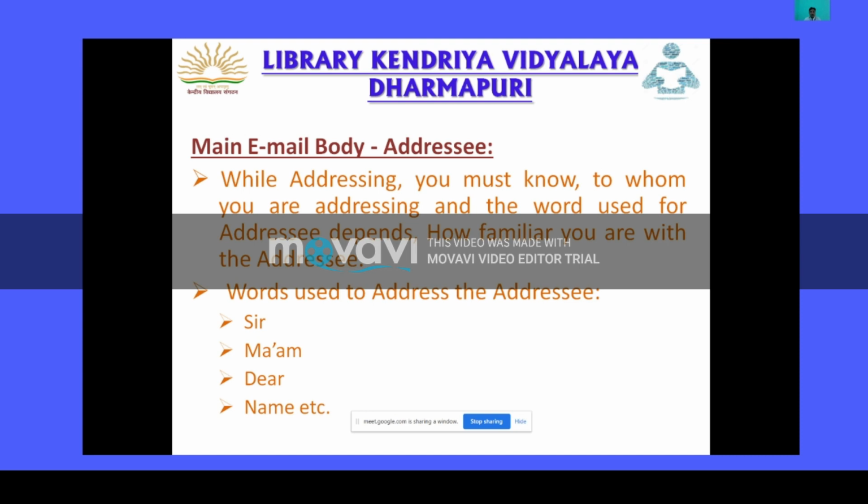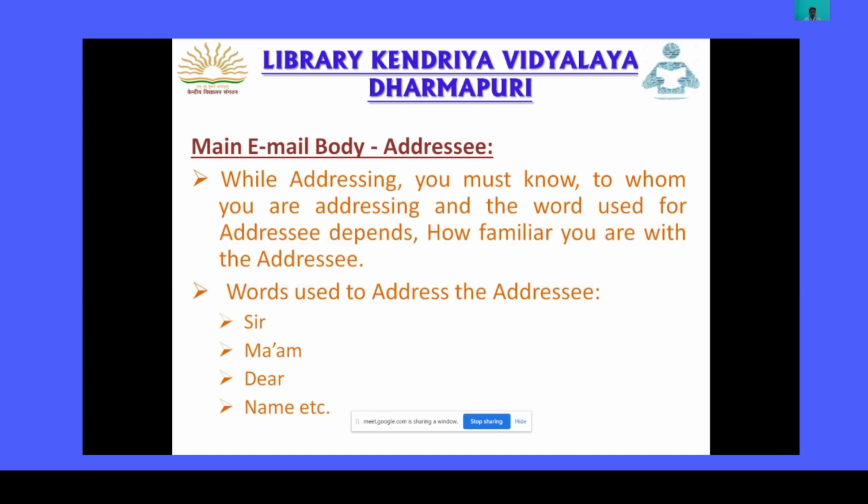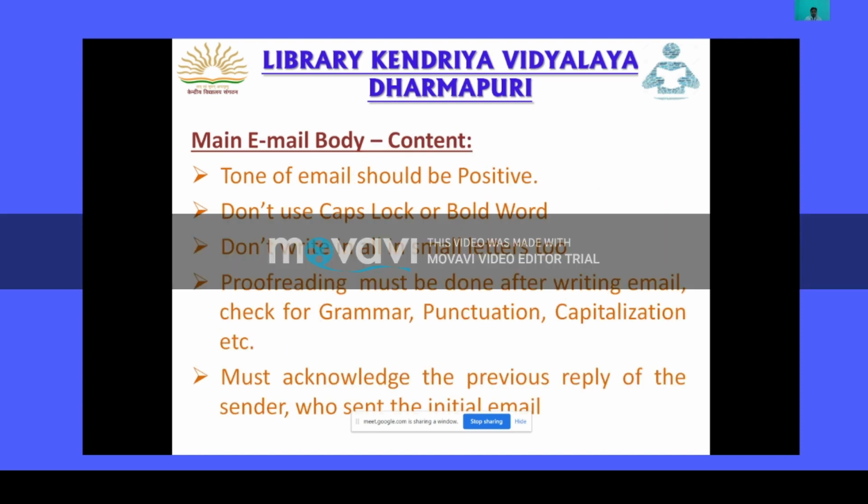Suppose you are writing an email to someone you don't know, but you have got his email address, and you have to send some content to him. You will address him by name. So this is the first part of the main email body, which is the addressee.